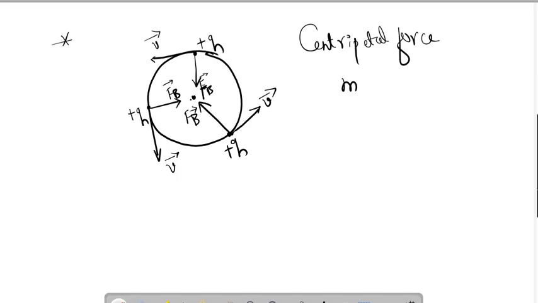Centripetal force is equal to mv square divided by r, is it or not?